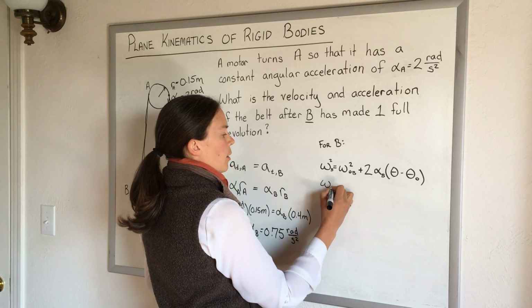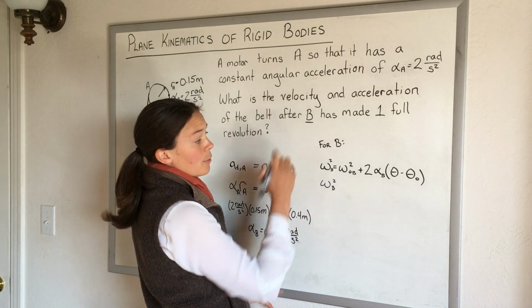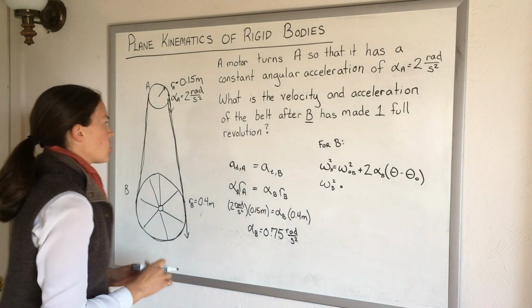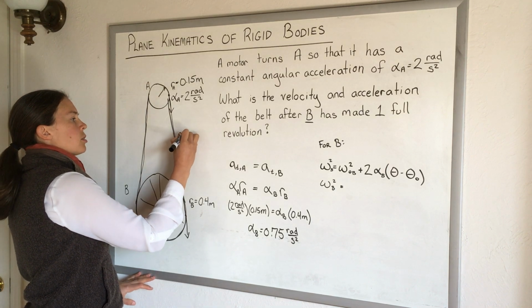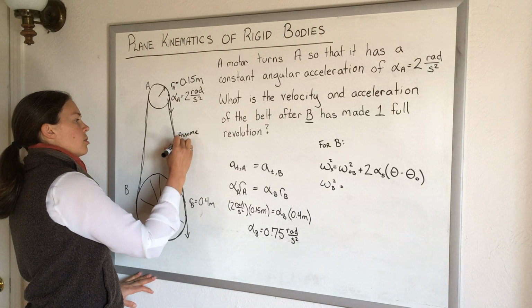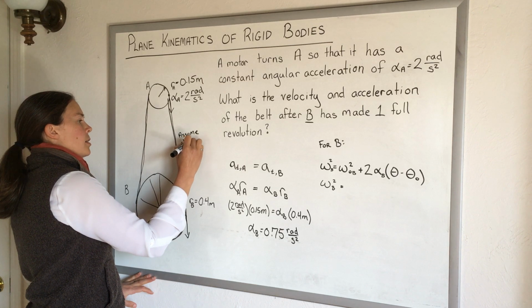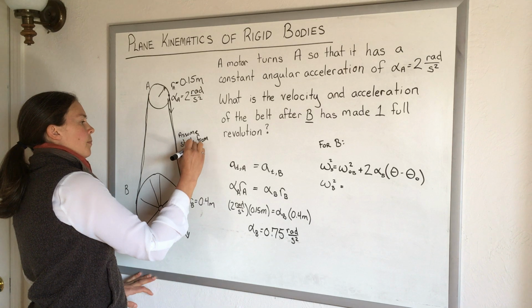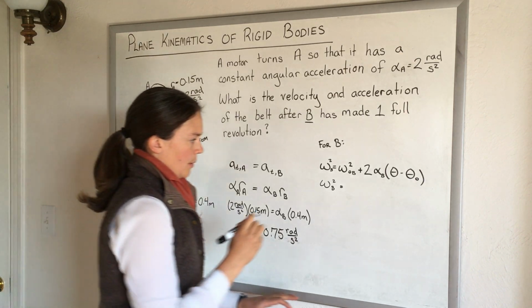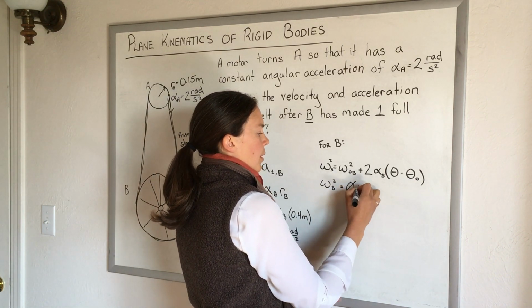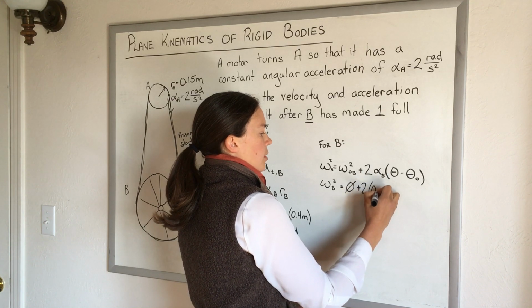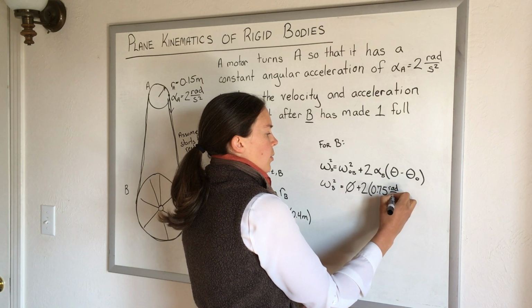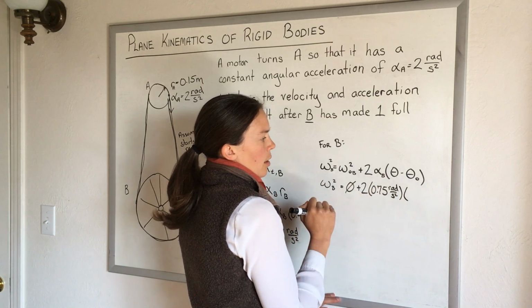So I'm going to put B's here. My omega of B squared at the end of this motion will equal the initial omega B, and I think we need to assume it starts from rest. So let's go ahead and do that. Assume starts from rest. So that'll be 0 plus 2 times 0.75 radians per second squared times my distance here.